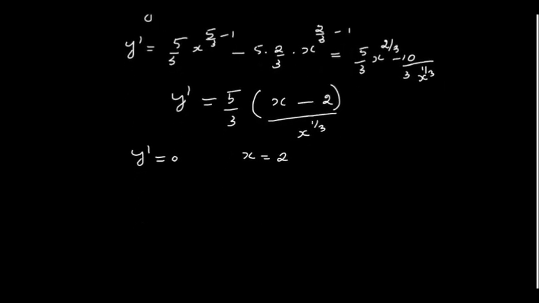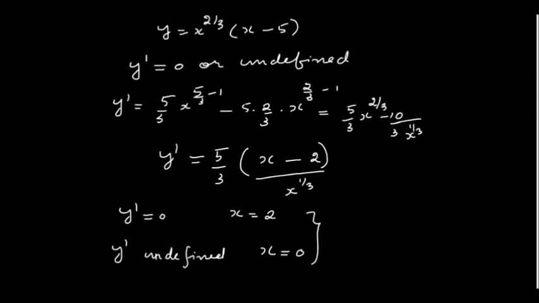Another situation comes here, y dash is undefined when x is equal to 0. So you have two possible critical points, at x equal to 0 and at x equal to 2.